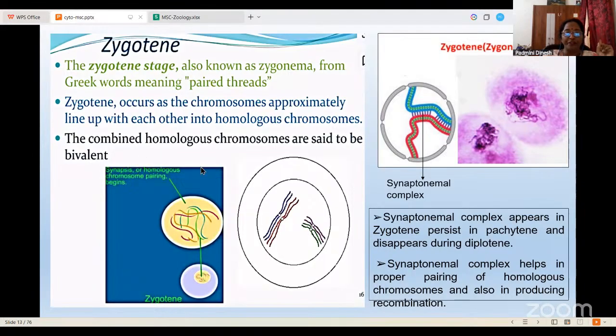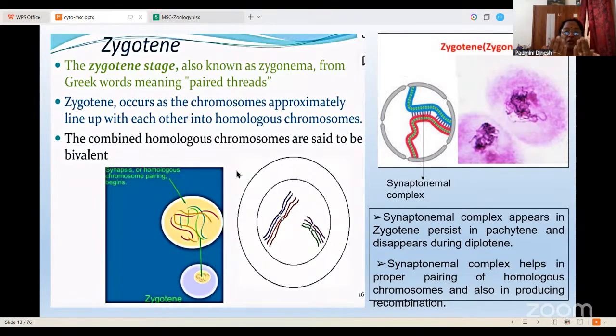And what is happening here is the pairing of the homologous chromosomes. What do you mean by homologous chromosome? When I'm talking about chromosome 1 of the mother, or maternal chromosome, I'm talking about chromosome 1 of the paternal. So chromosome 1 of maternal and chromosome 1 of paternal, from each parent, are called homologous chromosomes. Homo is same.